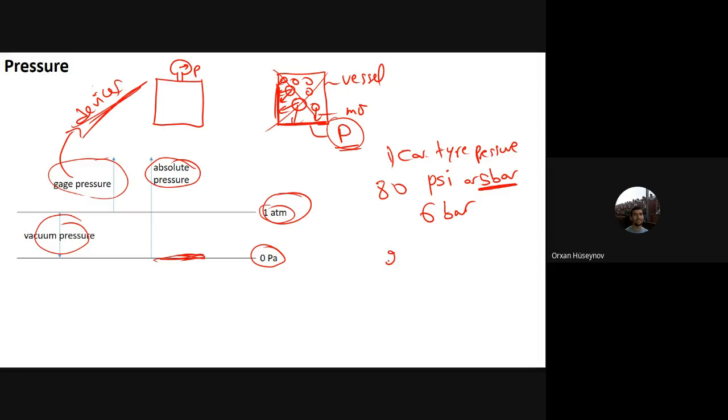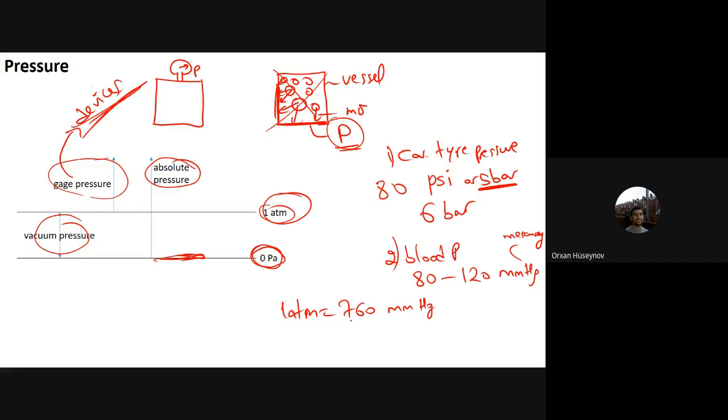I can give you one more example: blood pressure. All of you know that blood pressure should be in the normal range between 80 and 120 millimeters of mercury. But this is not the absolute pressure. What is the atmospheric pressure? 1 atm is 760 millimeters of mercury.